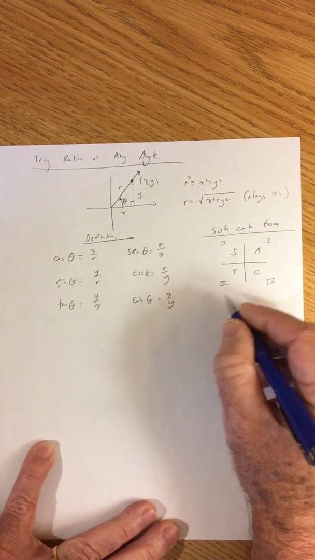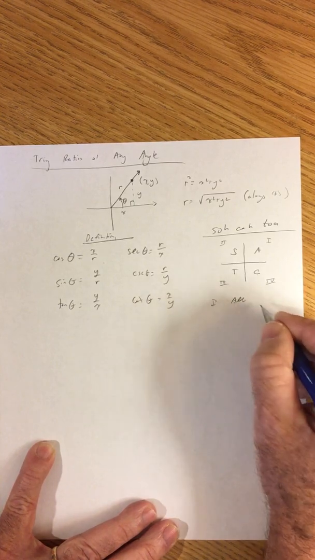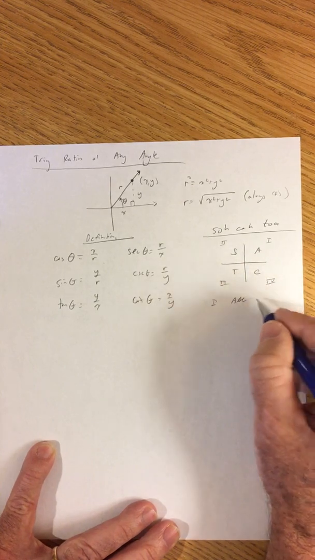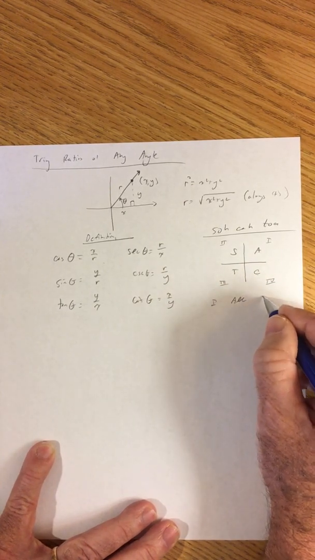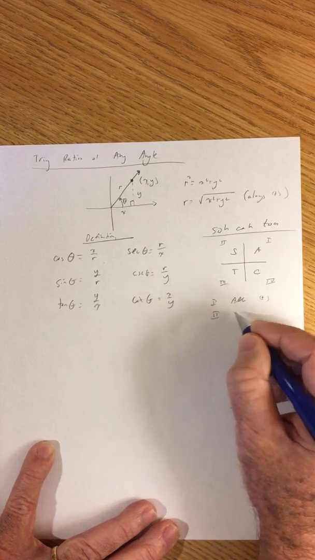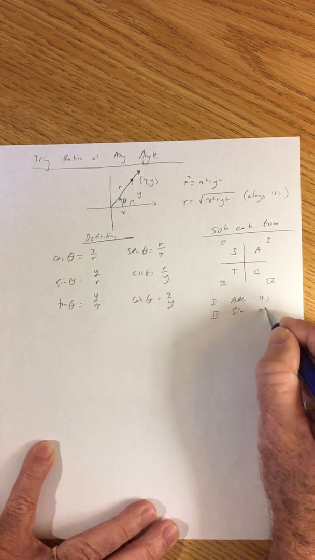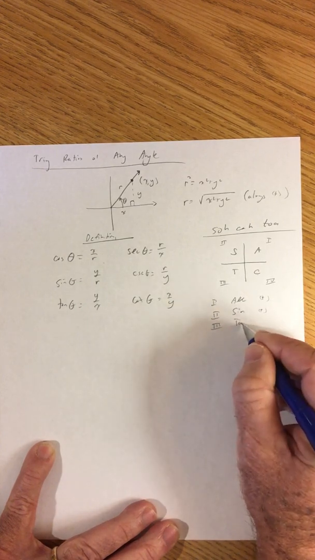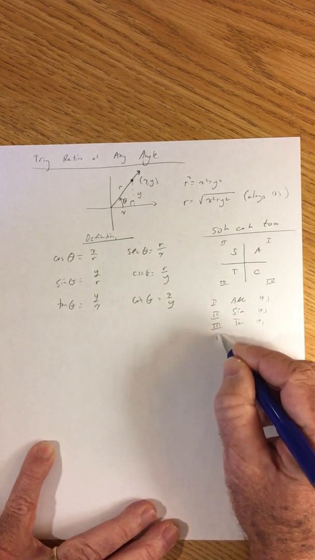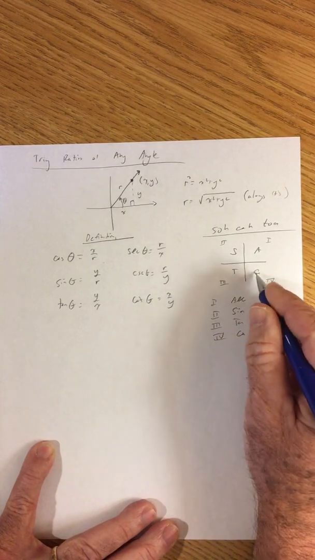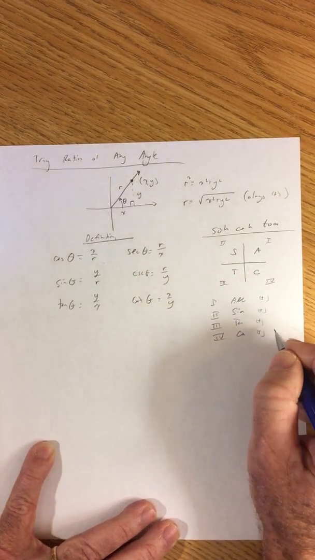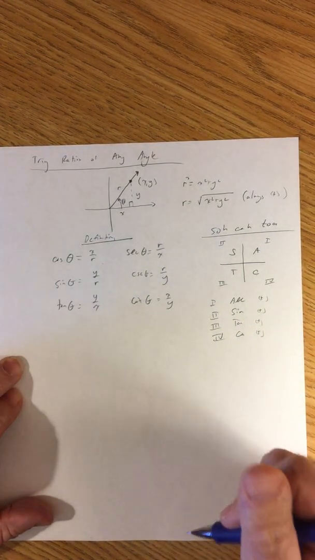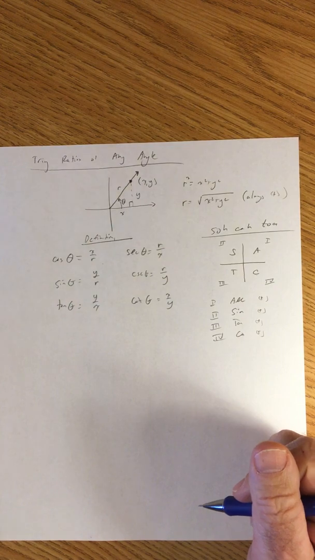In the first quadrant, all of the trig functions, and we're talking about the 3 found on the calculator, sine, cosine, and tangent, are positive. In quadrant 2, sine is positive, the other 2 are negative. In quadrant 3, tangent is positive, and the other 2 are negative. In quadrant 4, cosine is positive, and the other 2 are negative. Now we can use that information to answer the questions that we're about to start with.